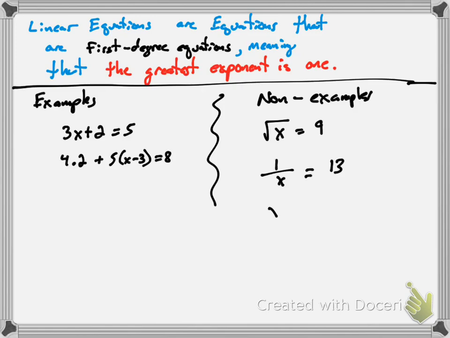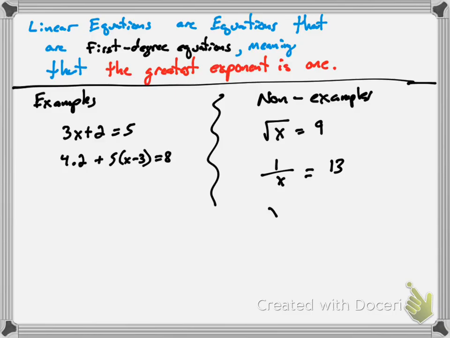Okay, square root of x equals 9. If you remember back from Algebra 2, another notation for the square root of x would be x to the 1/2 power. So x to the 1/2 power is not a first degree, so it's not a linear equation. 1 divided by x equals 3.